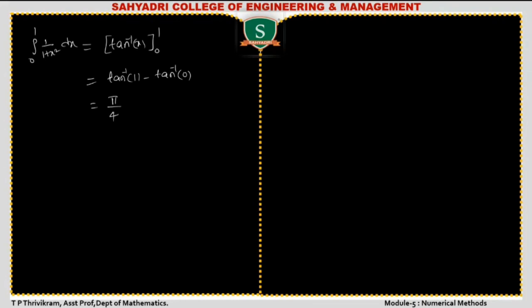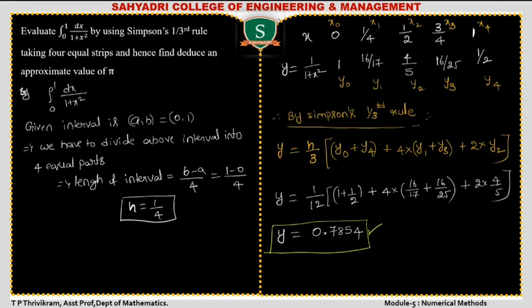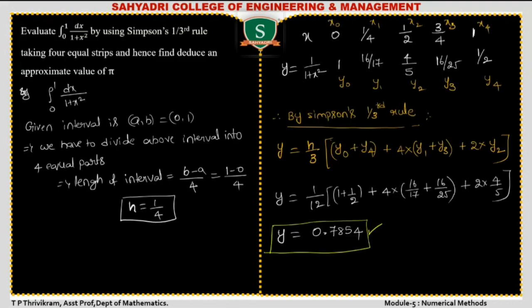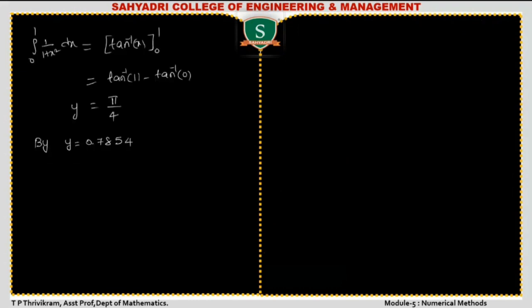So theoretically we got this one. Theoretically, y is equal to pi by 4, but numerically y is equal to 0.7854. You take this as equation 1. But theoretically and numerically, we should get both answers the same, right?